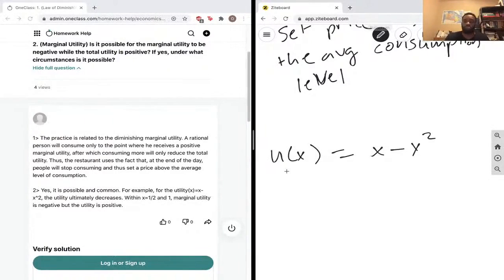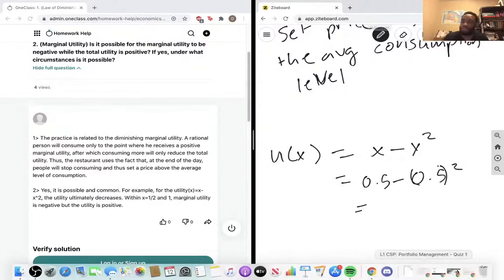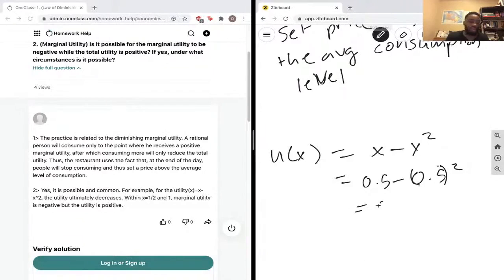Let's check the calculation. 0.5 minus 0.5 squared equals, on my trusty calculator, 0.25. Our utility here is 0.25.